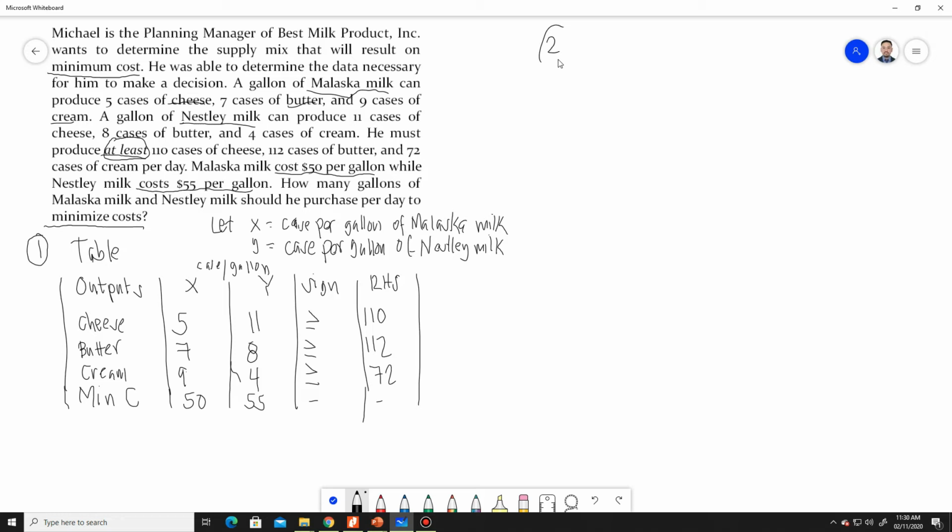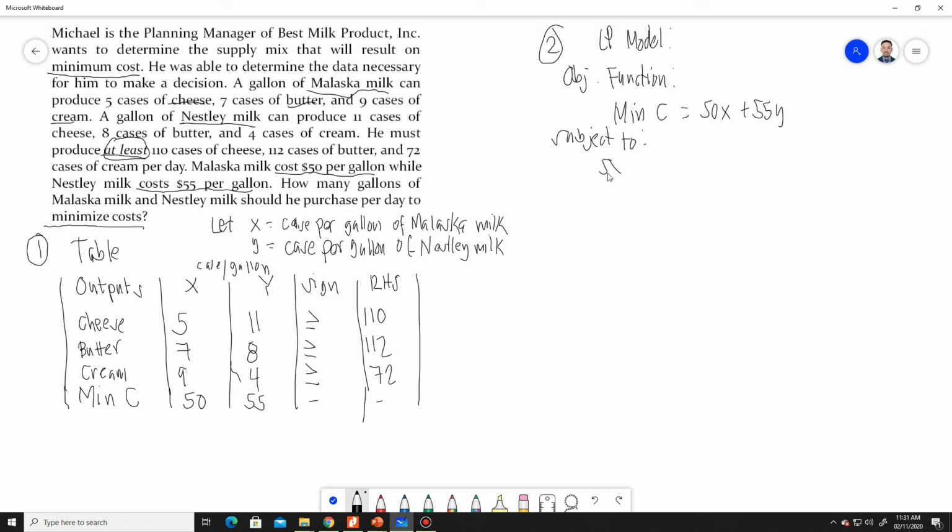And for step number 2, is the LP model. For the objective function, min C is equal to 50x plus 55y. And then subject to the following constraints, just copy the table data.